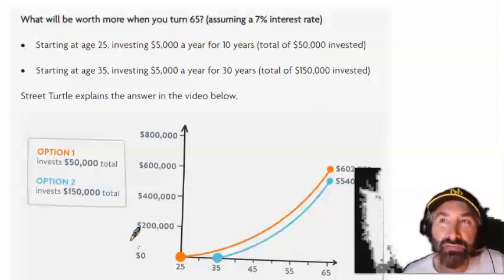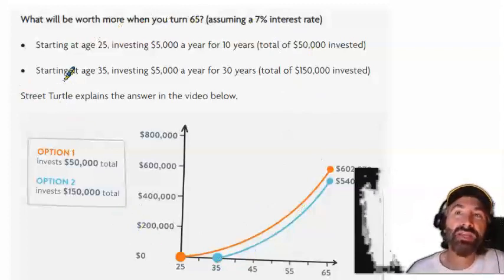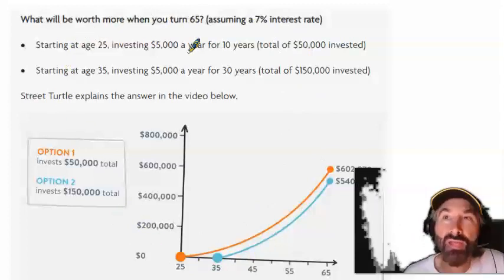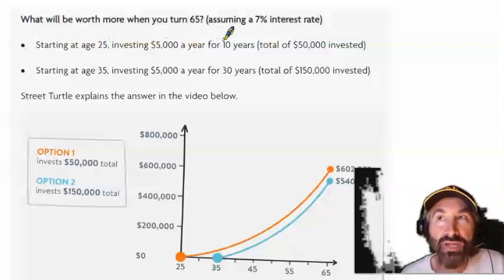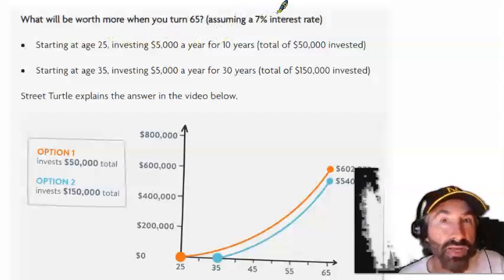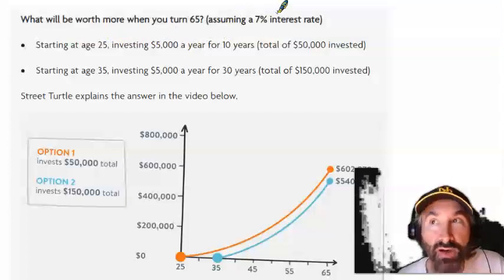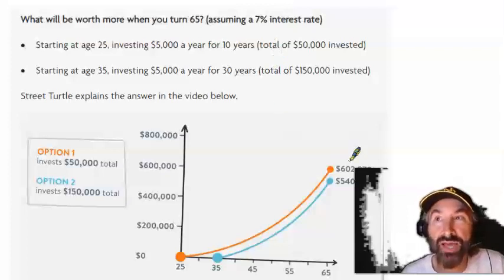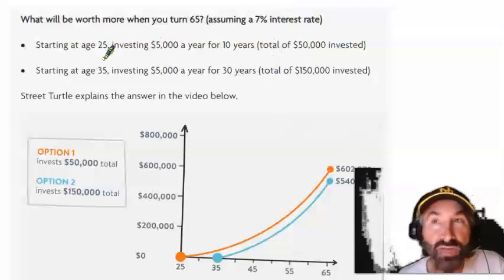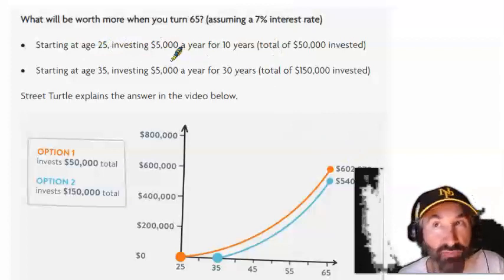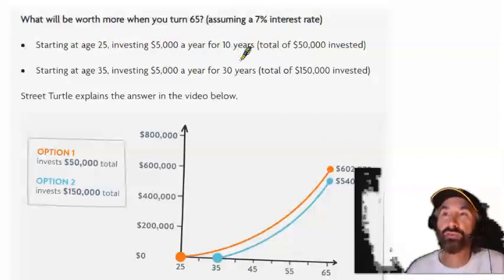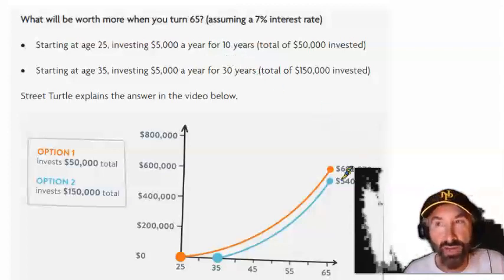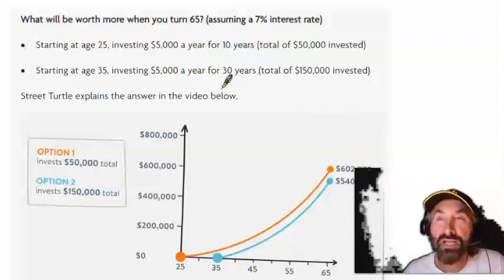Here I have some information that shows that if you start investing at age 25 and you invest $5,000 per year for 10 years and the money grows at a rate of 7% interest, you'll get a certain amount in the end. And if you start investing at age 35, same amount, $5,000 a year, but starting 10 years later, and you invest for 30 years, you'll get a certain amount of interest in the end.